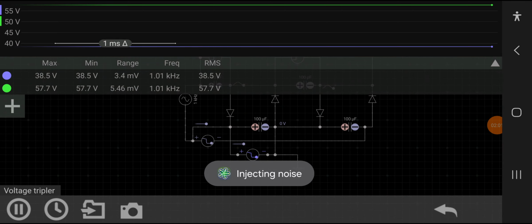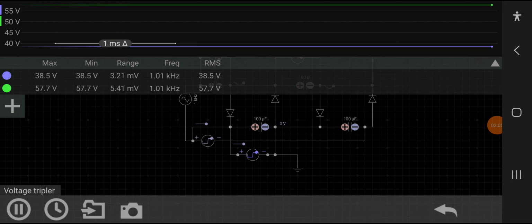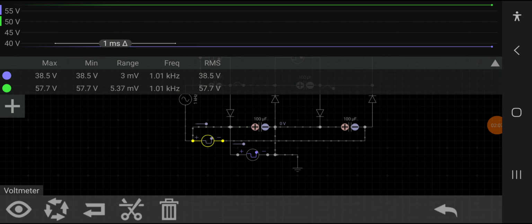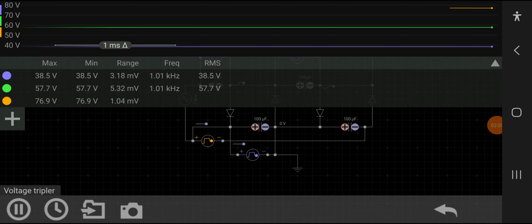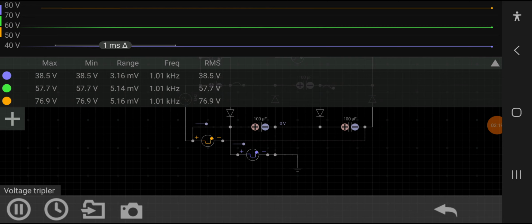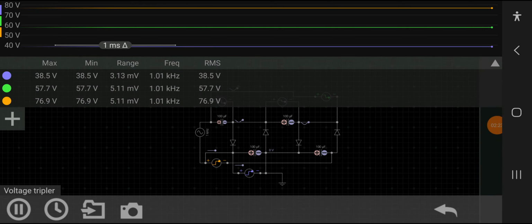For 4 times we consider capacitor C2 and capacitor C4. Capacitor C2 and C4 will give us an output of 76.9 volt, which is almost 4 times the input voltage. Here in this circuit we consider real diodes and real capacitors.